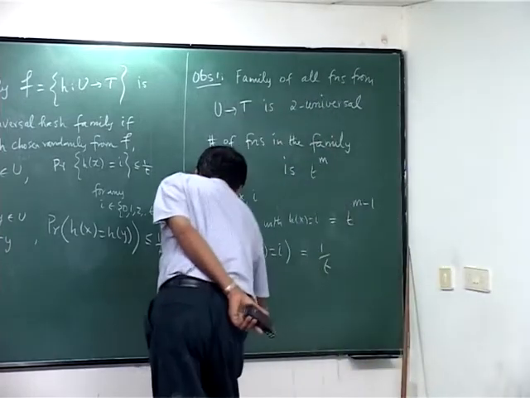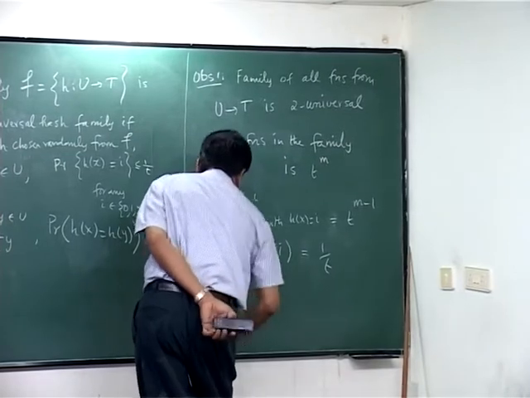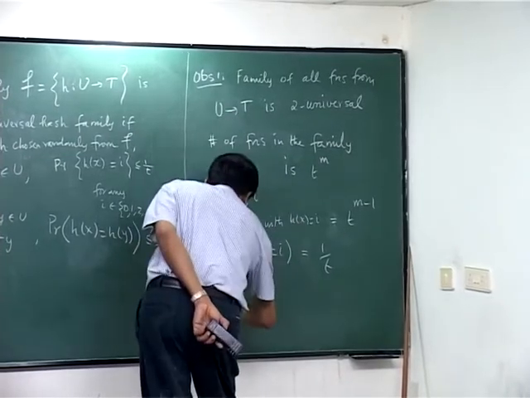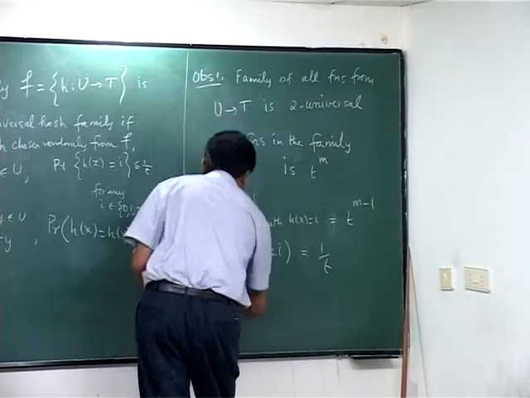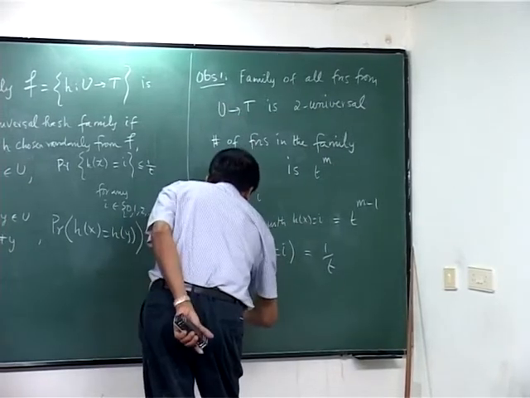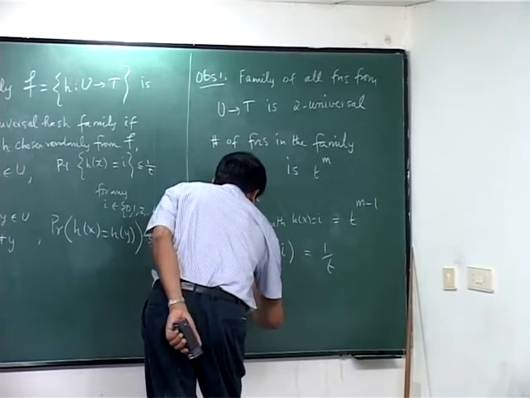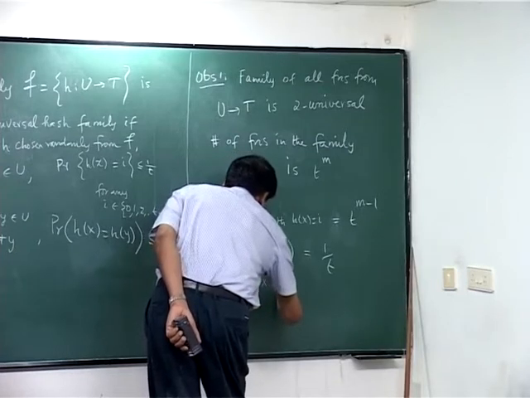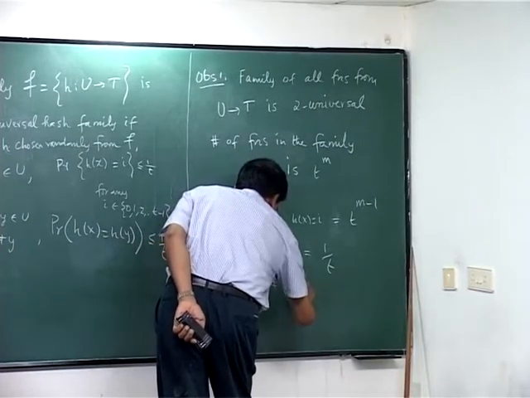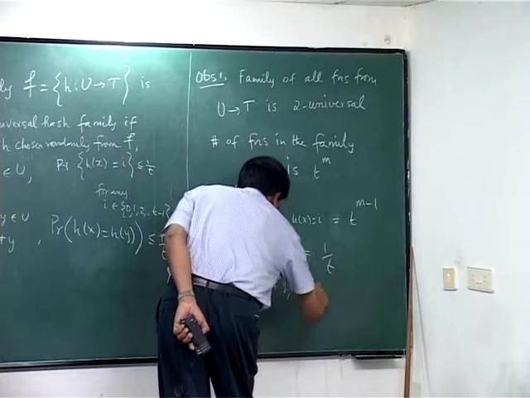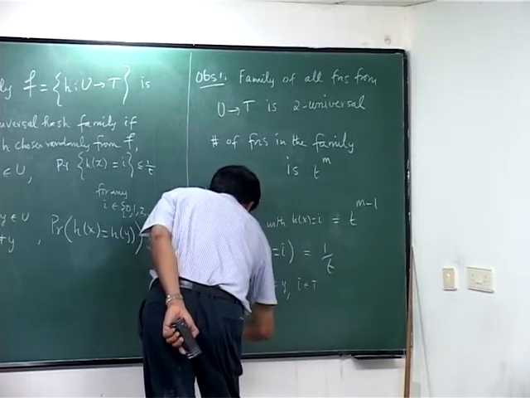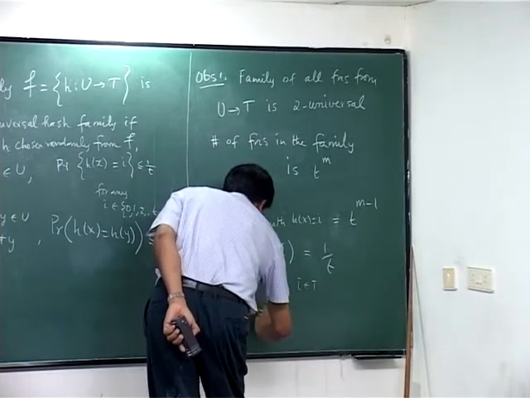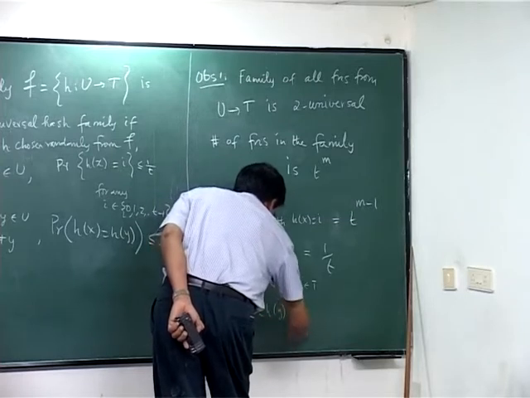Can you verify easily the second one also? So let's fix x and y, x not equal to y, and let's fix i also. What is the probability that h of x is equal to h of y equal to i?